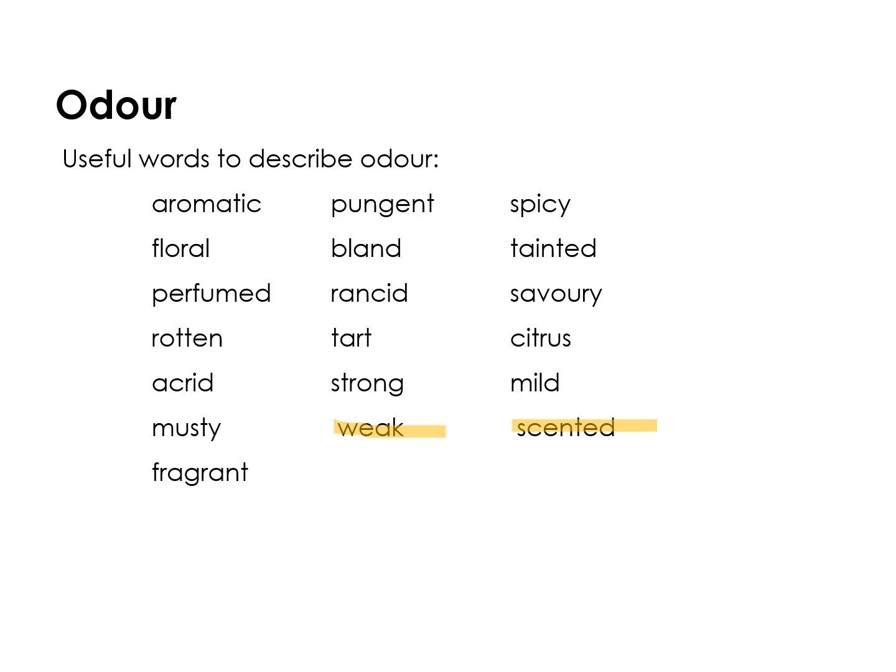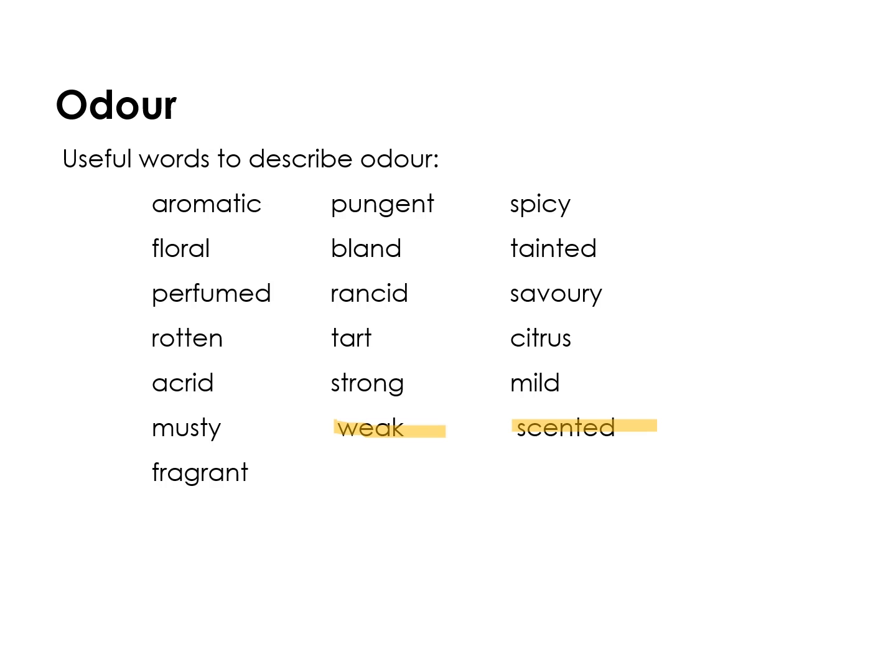Pungent, a strong, sharp smell that is often intense and can sometimes be unpleasant, like the aroma of garlic or blue cheese. Spicy, a warm, sometimes hot scent that comes from spices like chili, peppers, or black pepper, indicating a flavorful intensity.